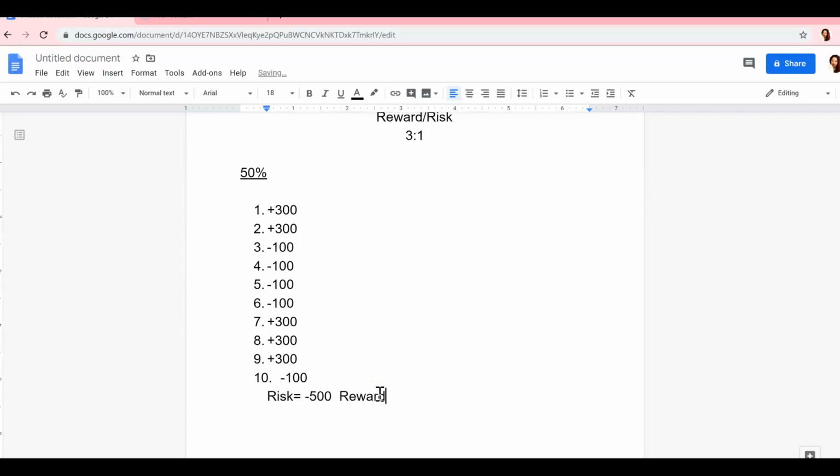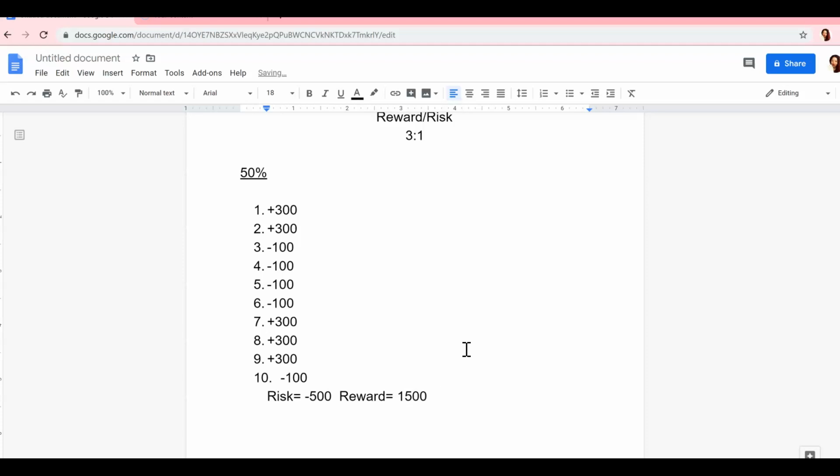Because we stayed disciplined to the game and the system that we use works. So our reward was 300 plus 300 more, that's 600, plus 300 more, which is 900, plus 300 more, that's 1,200, 300 more, that's a whopping 1,500.